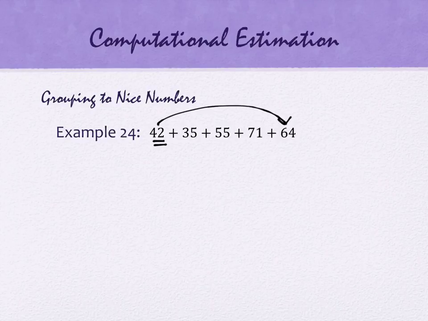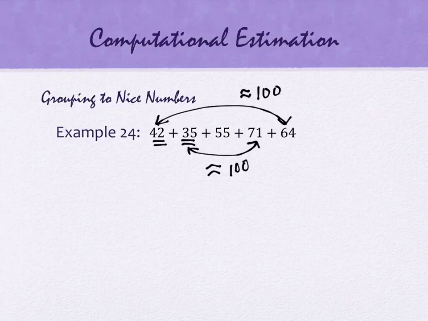These two are approximately what? They're about 100. All right, our next number, 35. You would probably group it with the 71 because those are approximately 100. Now, the only one that gets left out of this grouping happens to be the 55. So you can leave it 55, or you could say it's about 50. That'd be okay too. So I would be inclined to probably just go with 50 and say we're at about 250.